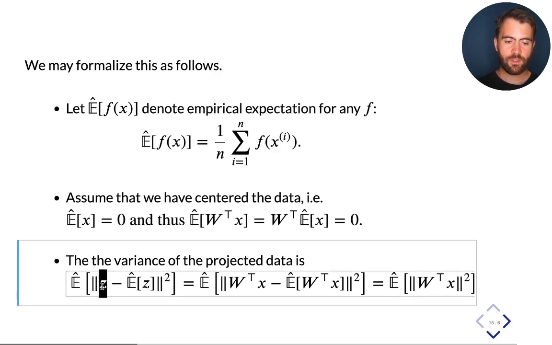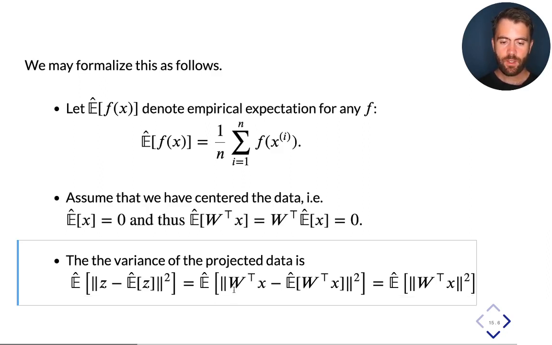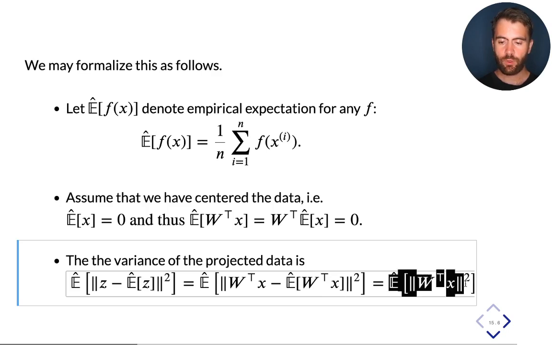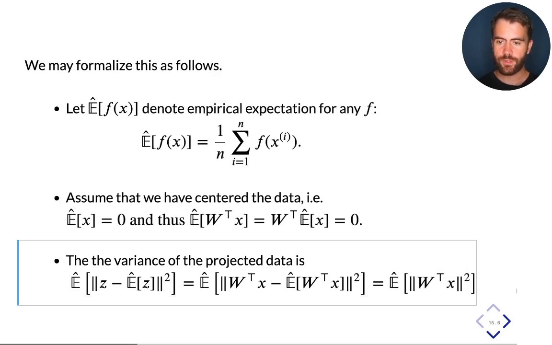Now, of course, the definition of z is simply a transformation of a point x, and so we can replace the z here with its definition. But since we perform this transformation, this value is going to equal 0, and so we're only left with the following value, which is the definition of the variance of the data.